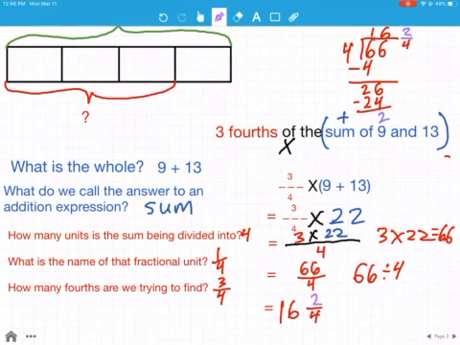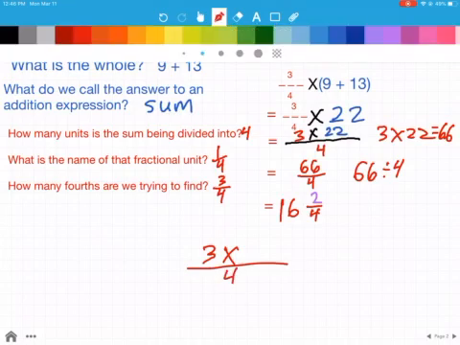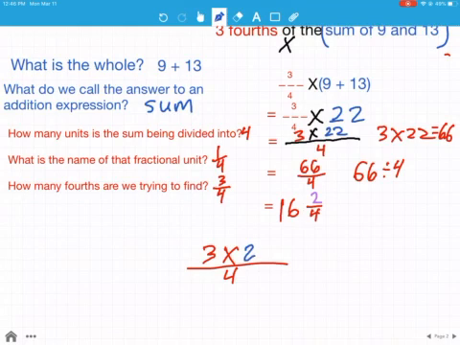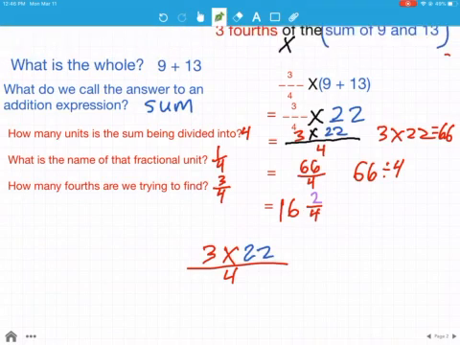Okay, now I misspoke. We could have cross-canceled, so I'm going to go ahead and do that again. It just wouldn't have been a perfect cancel. So we can cross out, because both of these are divisible by 2, we can divide by 2. And now our new problem becomes 33 halves.